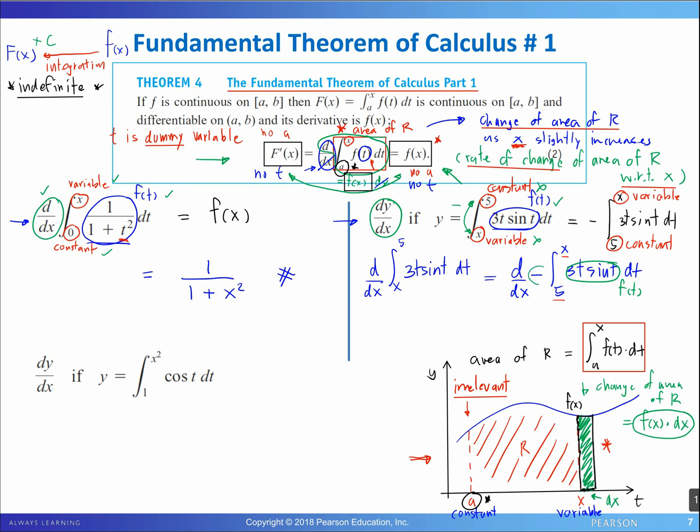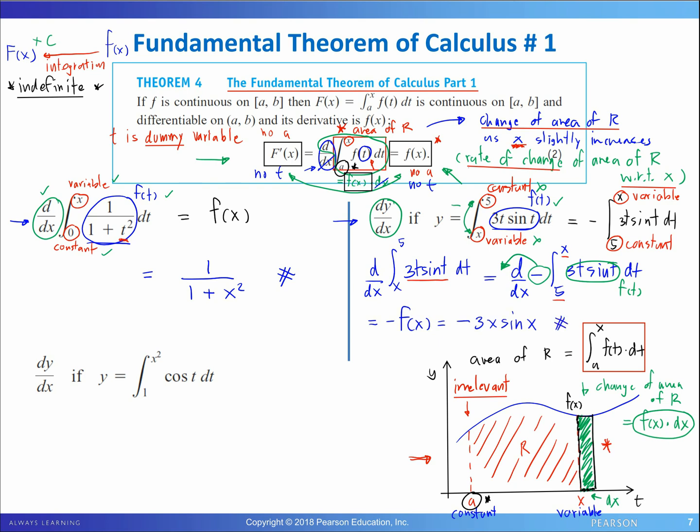And this minus sign can go to the front. So in the end we are going to get minus f of x, which is equal to minus, now let's take a look at this function f, 3t sine t. So it's going to be the same except that t is now replaced by x. So we have 3x times sine x. And that is the answer for the second example.